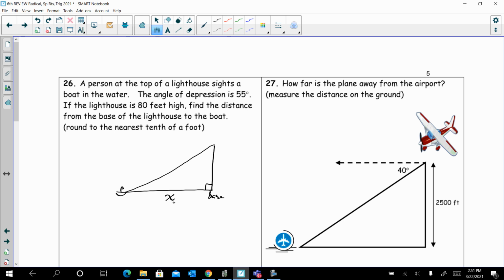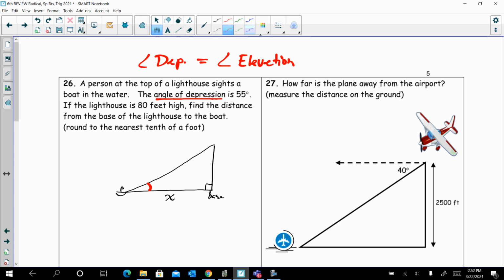Now this is the angle of depression. But remember I told you your angle of depression is the same as the angle of elevation. Let's add this on here. I'm going to abbreviate. Equals the angle of elevation. So even though it says depression, I'm putting it with the elevation, which is with the horizontal line right there.